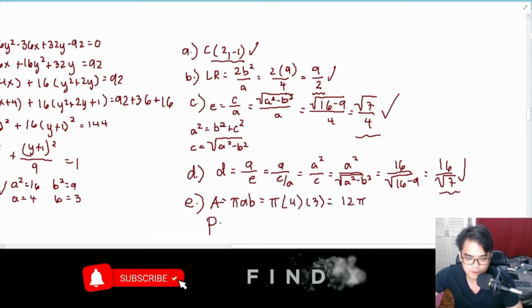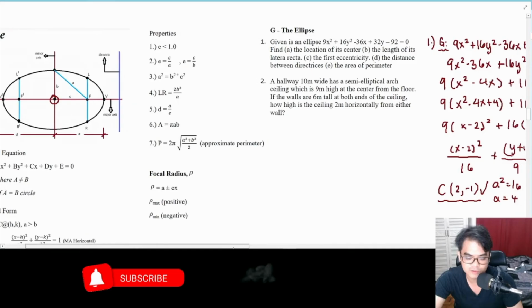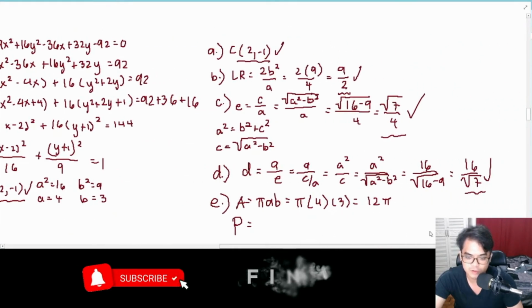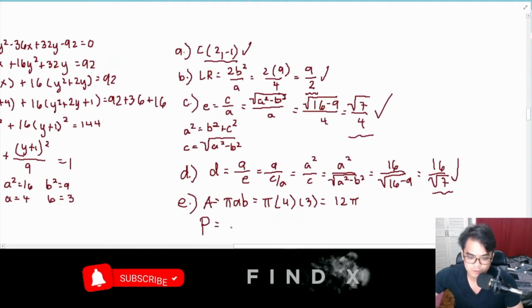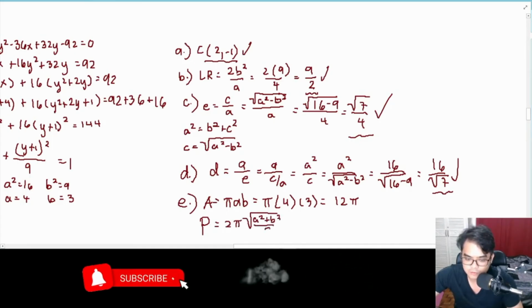And then for the perimeter, the perimeter of an ellipse is 2 pi square root of a squared plus b squared over 2.